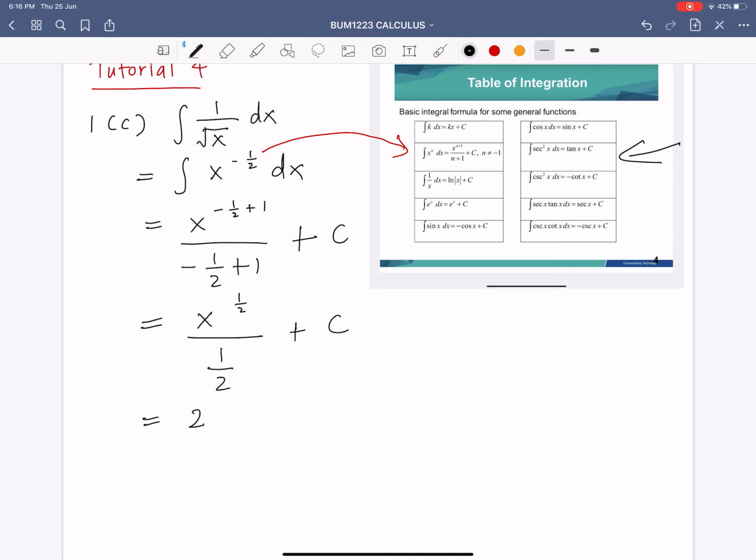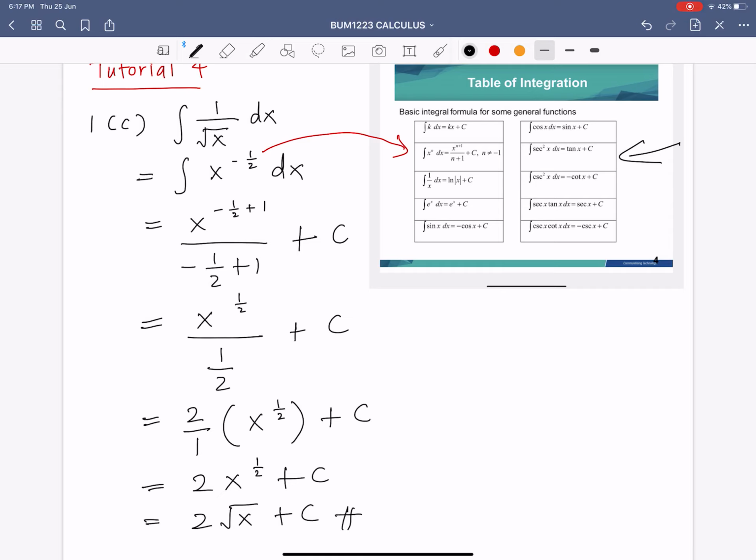Maybe some of you cannot see, because when we have x power of 1 over 2 over 1 over 2, it is actually 2 over 1 times x power of 1 over 2, plus c, which is equal to 2x power of 1 over 2 plus c, and we can also rewrite this as 2 times square root x plus c.